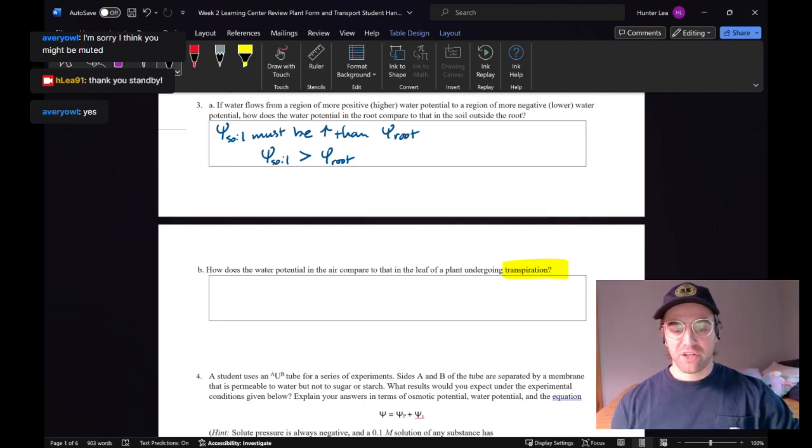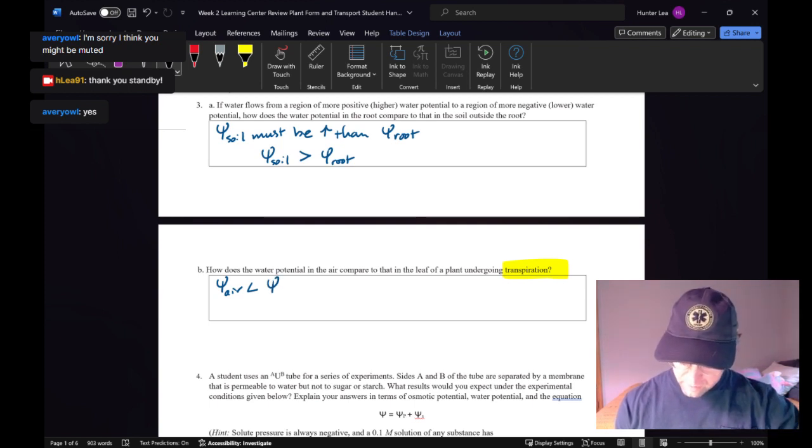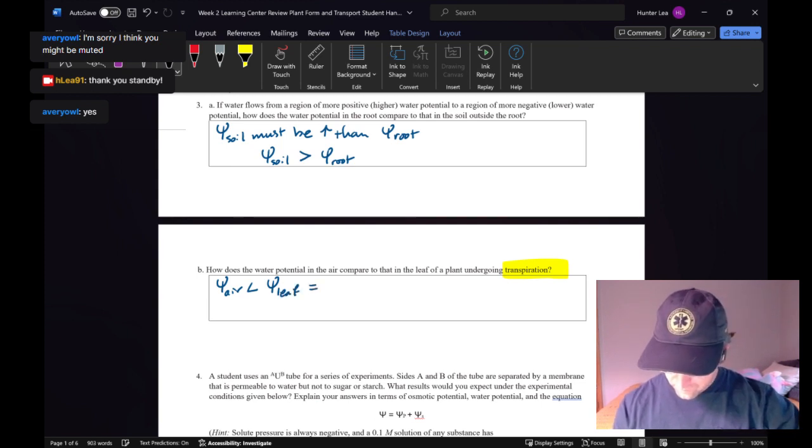And so if transpiration is occurring, the air must have a lower water potential than the leaf. So water potential of air is less than water potential of the leaf. Transpiration will occur.